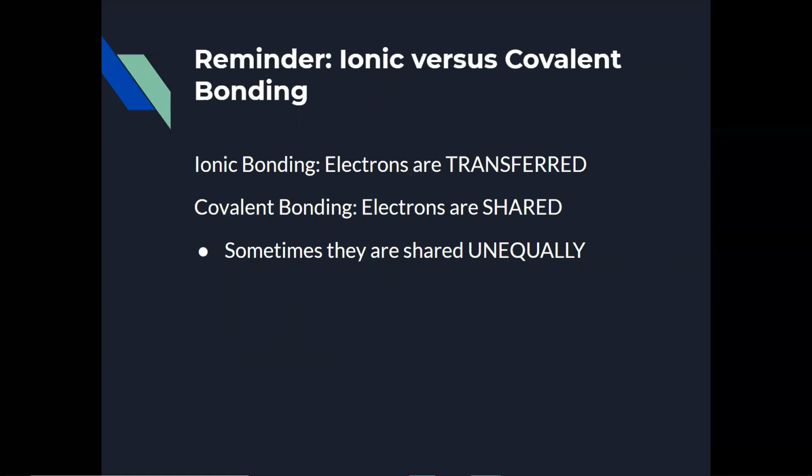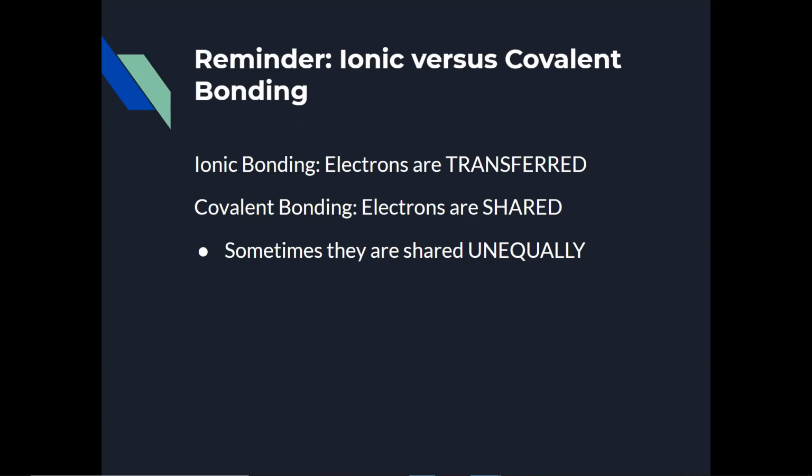So the first thing to remember is the difference between ionic bonding versus covalent bonding. In an ionic bond, if we recall from my last video, electrons are being transferred from the metal to the nonmetal, from the cation to the anion. And that's due to that difference in electronegativity.